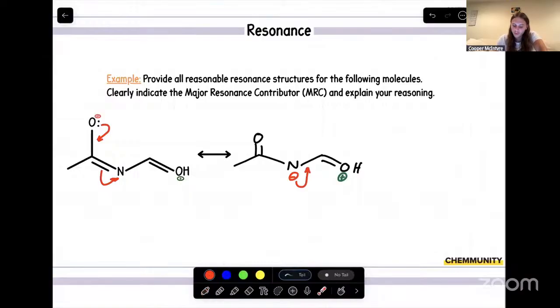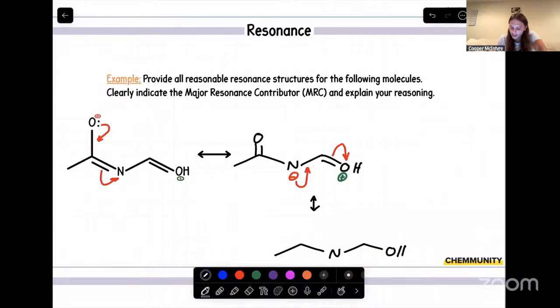And then since we're dropping these electrons down to form a new pi bond, we'll be kicking the electrons from this pi bond up onto oxygen, giving it a new lone pair. And by doing that, we notice that giving oxygen a new lone pair helps neutralize that oxygen.